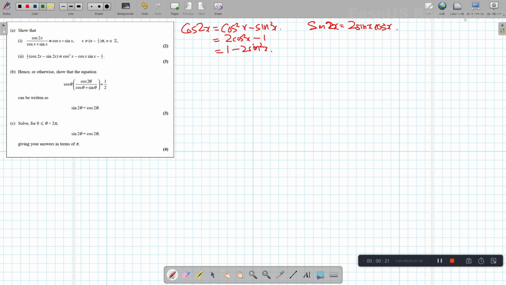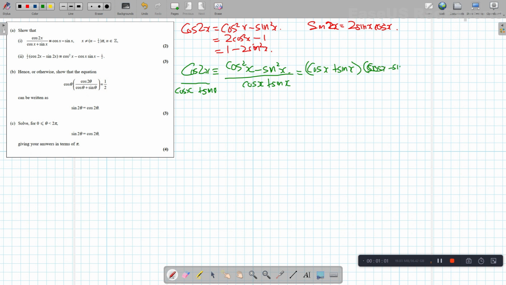So I'm going to use the first identity, cos 2x equals cos²x - sin²x, over cos x + sin x. I can simplify this to (cos x + sin x)(cos x - sin x), and the whole thing divided by cos x + sin x.